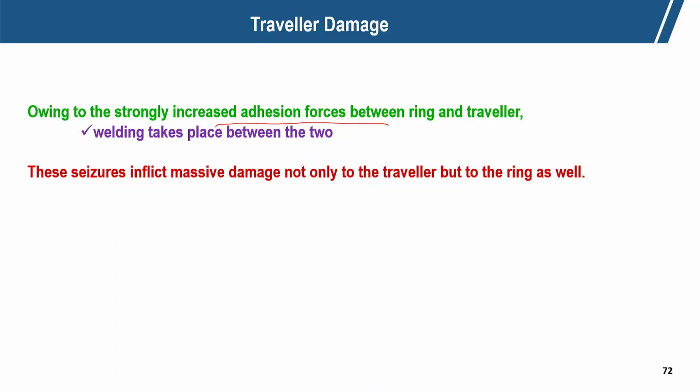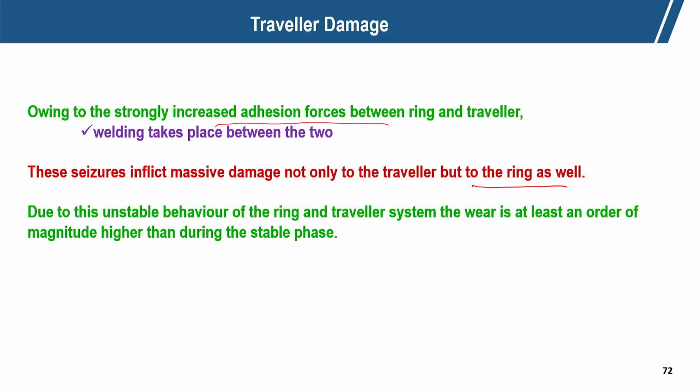These seizures inflict massive damage not only on the traveller but also on the ring. So, that welding effect is dangerous, as it will damage the ring. Due to this unstable behavior of the ring and traveller system, the wear is at least an order of magnitude higher than during the stable phase.